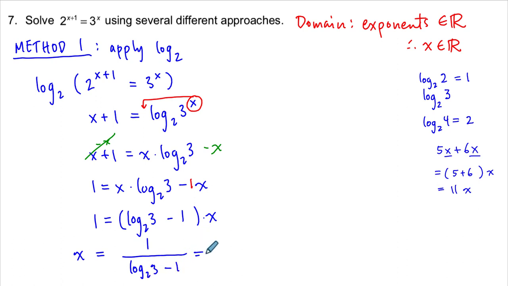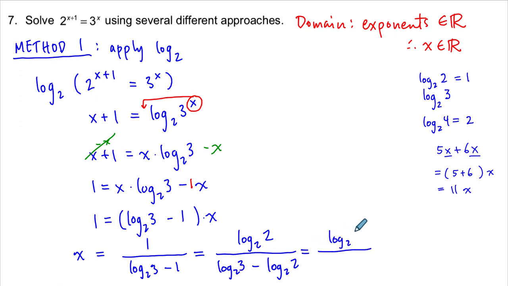Now, this is a little bit messy, so I'm actually going to change both of those 1's into a logarithm with a base of 2. And so 1 is the same as log base 2 of 2. What is the exponent on 2 to get 2? It's equal to 1. And then I still had log base 2 of 3 here. Now my denominator is actually the difference of 2 exponents.